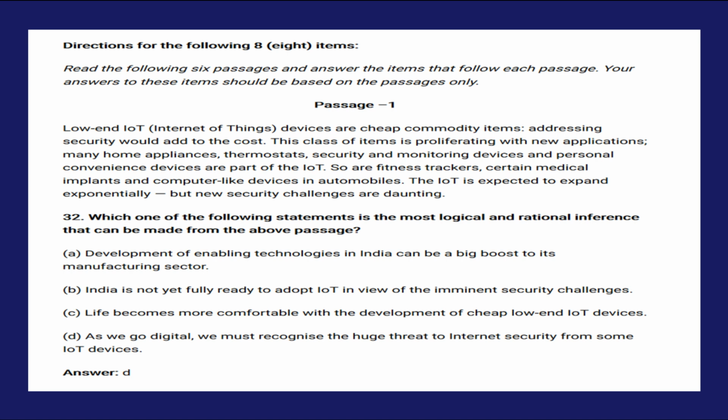C. Life becomes more comfortable with the development of cheap low-end IoT devices. D. As we go digital, we must recognize the huge threat to internet security from some IoT devices. And the answer is option D. As we go digital, we must recognize the huge threat to internet security from some IoT devices.